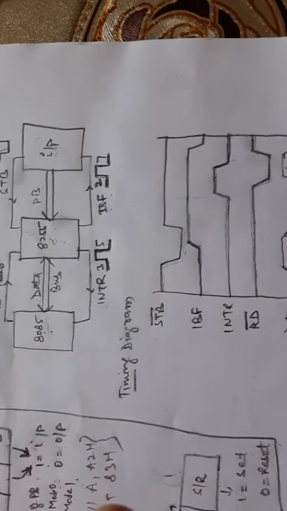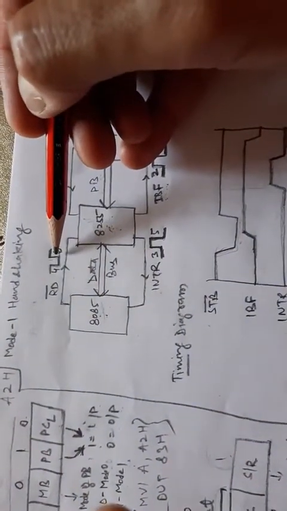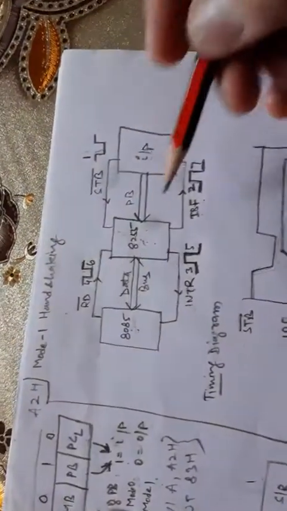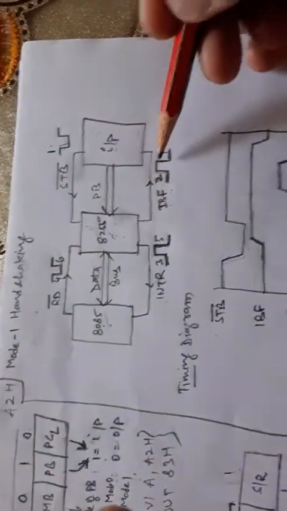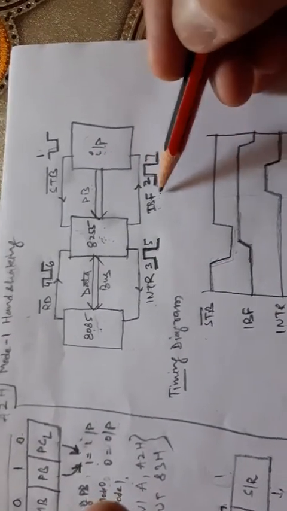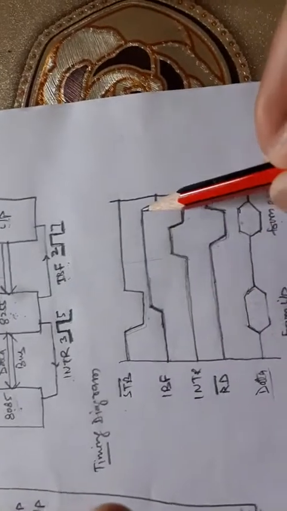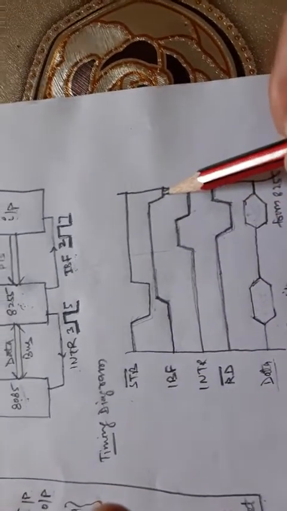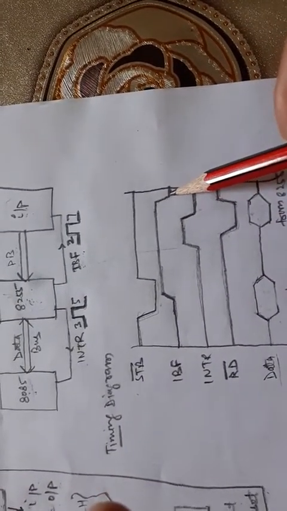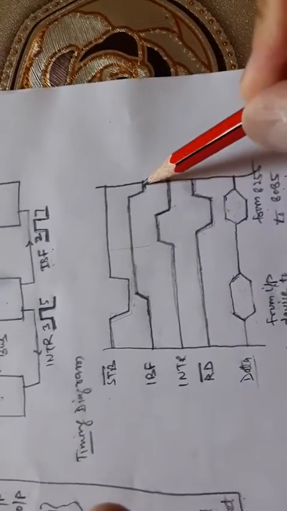Once this read operation is completed, this was the sixth step, and now the 8255 tells the input device that I am free by keeping the IBF signal low. Now you can send further data.